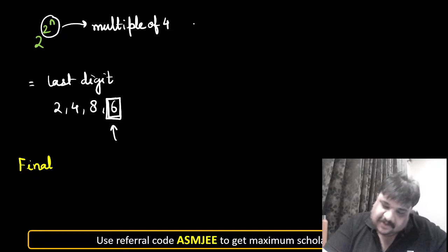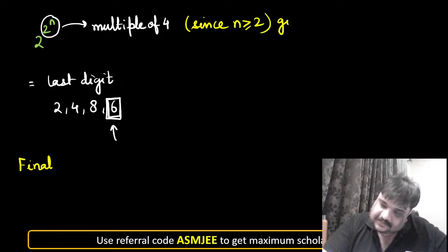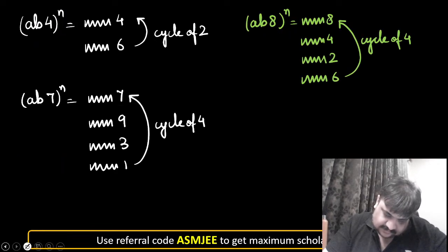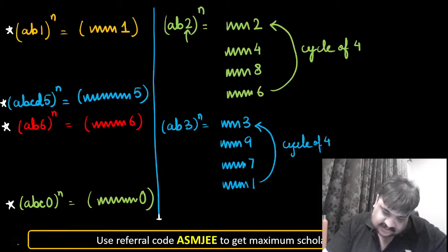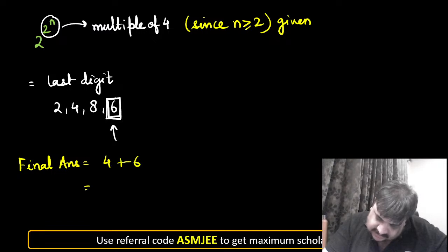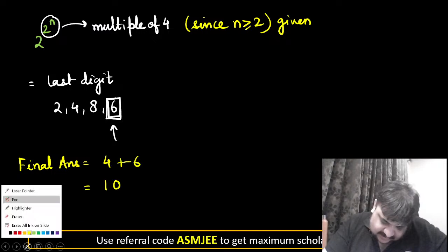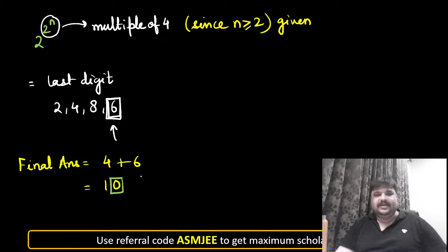Now why is this a multiple of 4? Since n is greater than or equal to 2, given. Final answer: this was 4 and that was 6. 4 plus 6 is 10, so the last digit is 0. खोदा पहाड़ निकला 0.